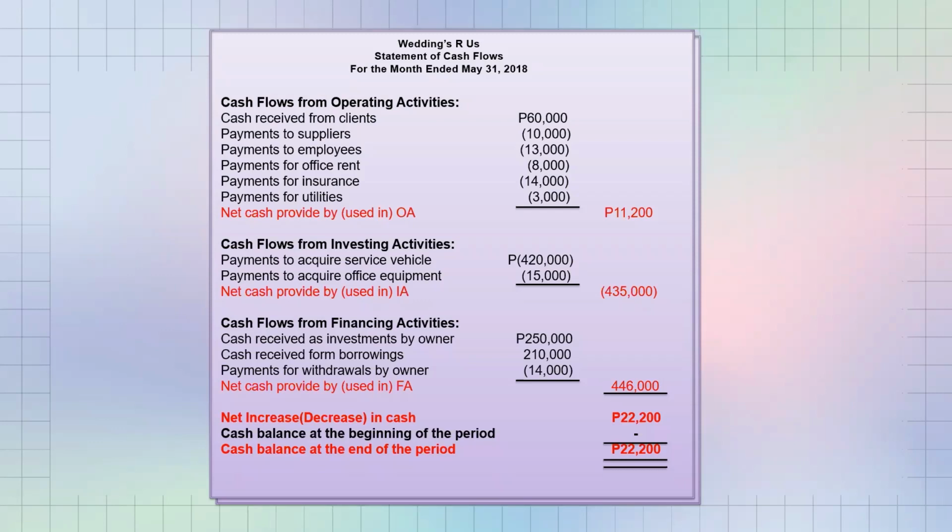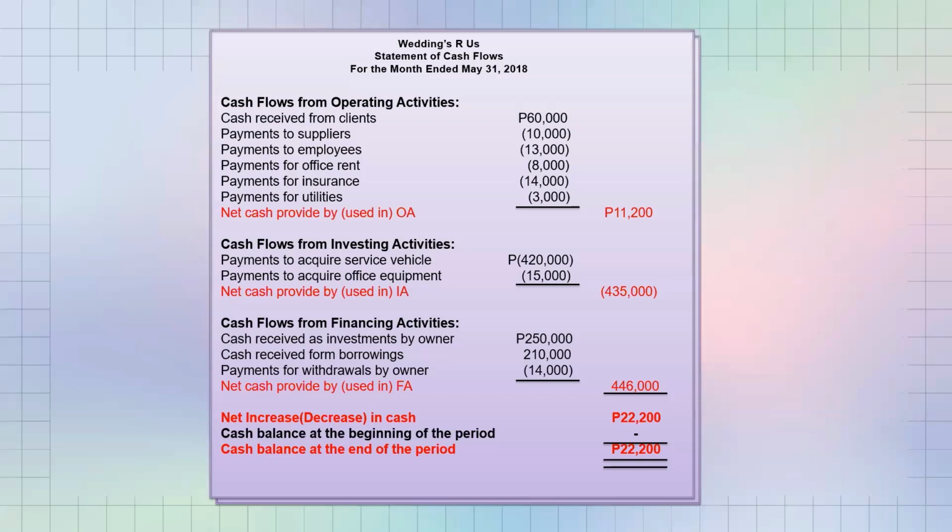We do the same for cash flows from investing activities and financing activities. So, what we need to do is total these 3 activities individually.